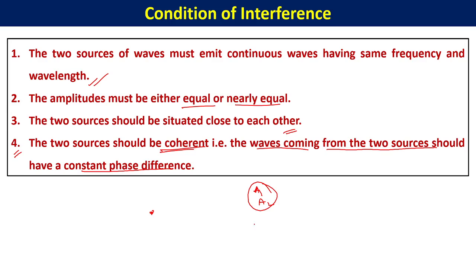As I have already considered, y1 is equal to a1 sine of kx minus omega t, and y2 is a2 sine of kx minus omega t plus delta. So delta is the phase difference between the two waves. This phase difference should remain constant forever and ever. It should not change with time. So these are the conditions of interference, and very, very important conditions.